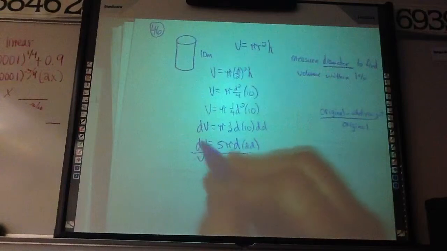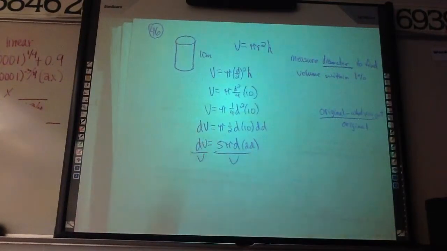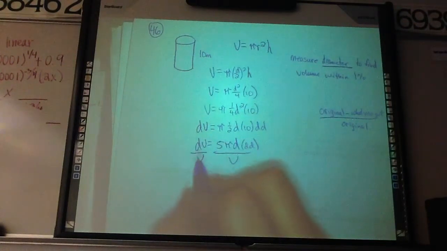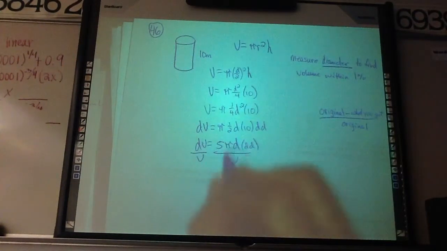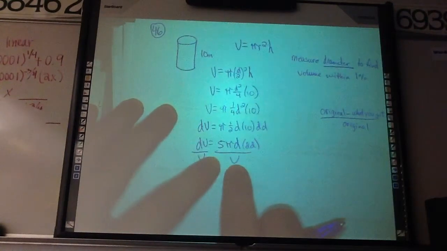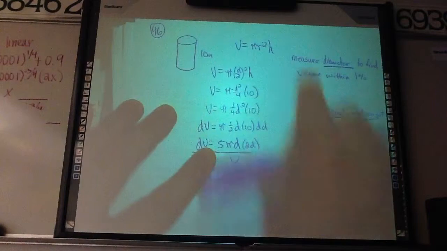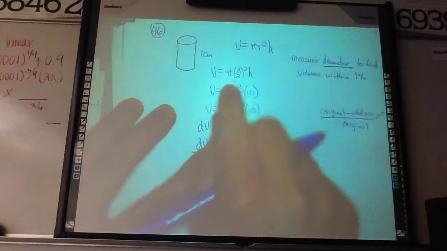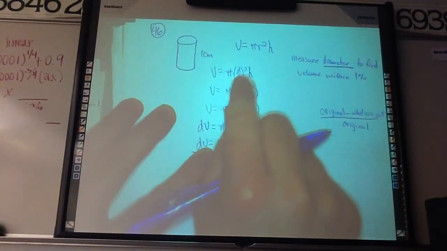Since we want the percent error of the volume, we're going to divide by volume. We'll leave dV over V on this side, but we're going to work on the other side. Don't we know what V is? Yeah, it's pi r squared, or pi times (d over 2) squared times h.